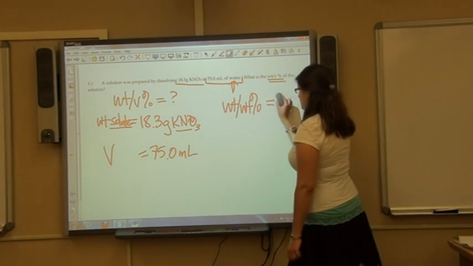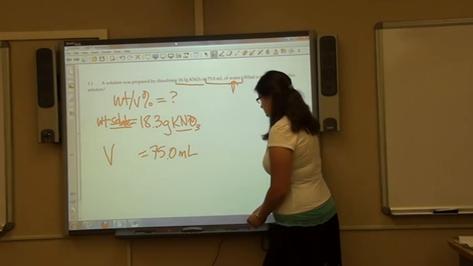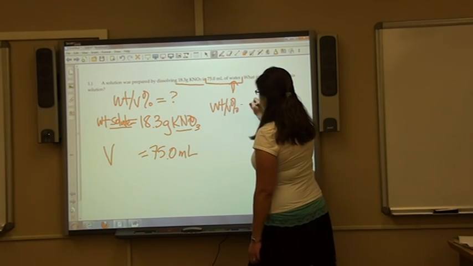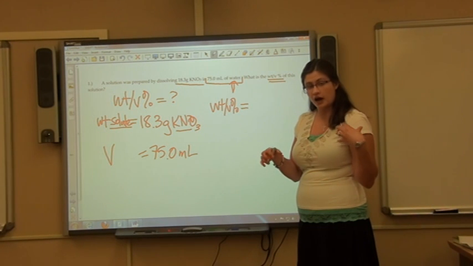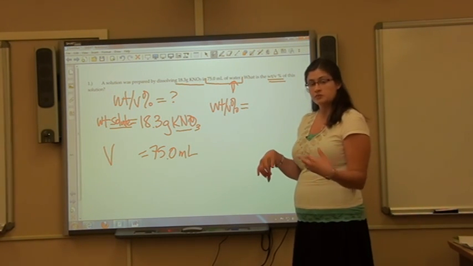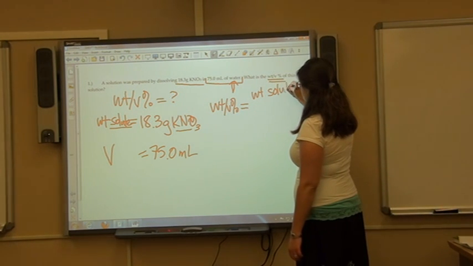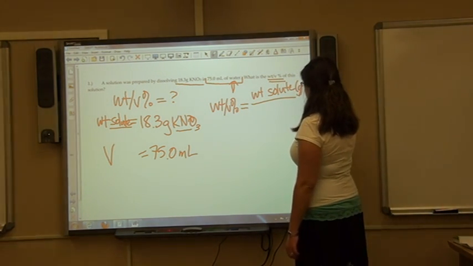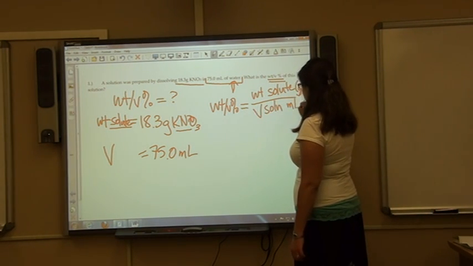We haven't even talked about that. So we're not going to write that down. So what I want you to do is write out all of what you see on the formula sheet. Weight per volume percent equals weight of solute in grams, you should write that down, divided by your volume of your solution in milliliters.